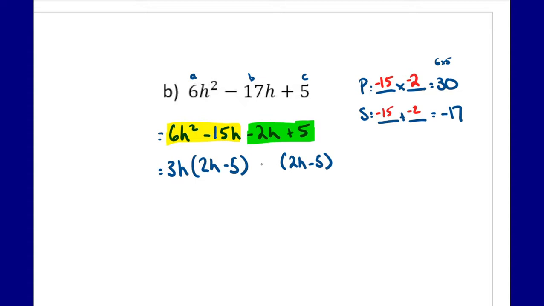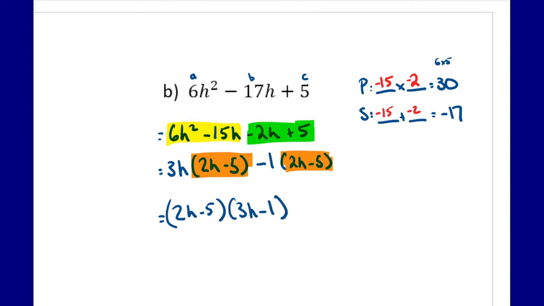That means I needed to factor out a negative 1. So the negative 1 comes out. I'm left with positive 2h and negative 5, which is the same bracket in both, which means I can also factor that out, which leaves me with a leftover of 3h minus 1. I now have my factored form.